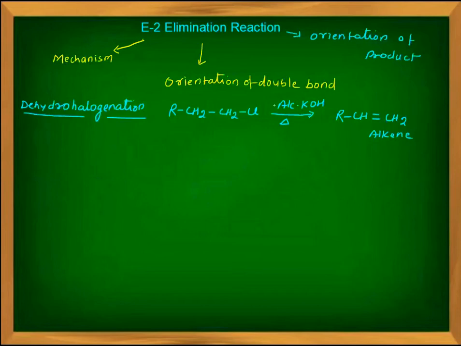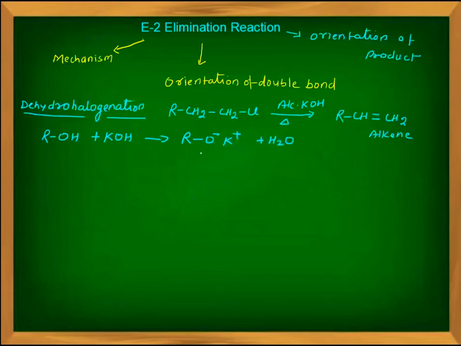As we know, alcoholic KOH means KOH in alcohol. So when alcohol reacts with KOH, it gives RO minus, K plus and H2O.